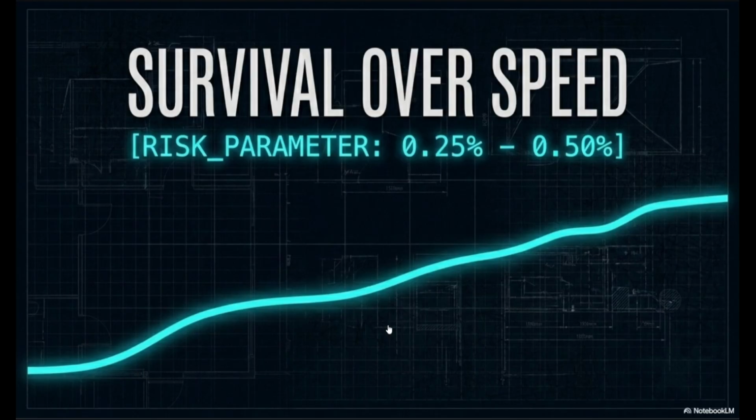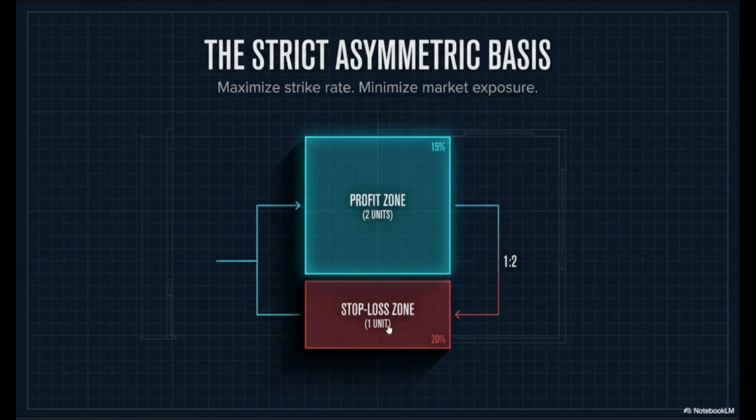This is exactly why, inside the Unfiltered Alpha protocol, we do not chase absurd 1 to 10 ratios. We operate on a strict 1 to 1 or maximum 1 to 2 asymmetric risk basis. Why? Because it drastically increases our strike rate and minimizes our time exposed to the market.